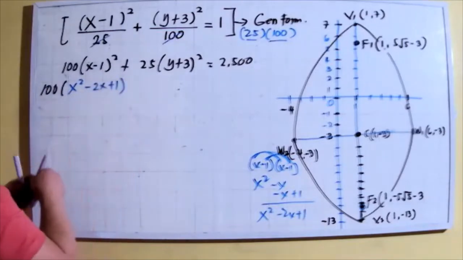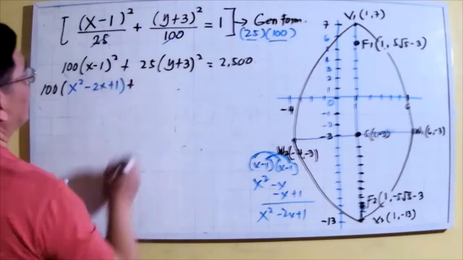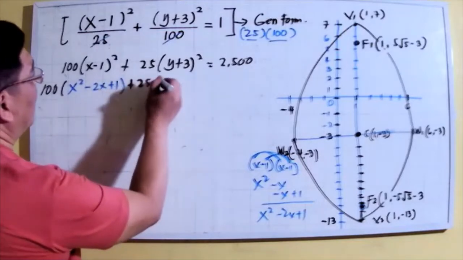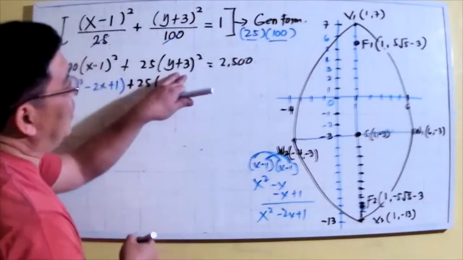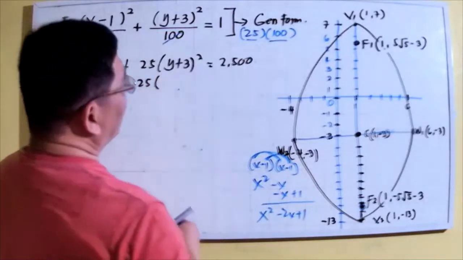And then, plus 25 multiplied by, again, expand using FOIL method.